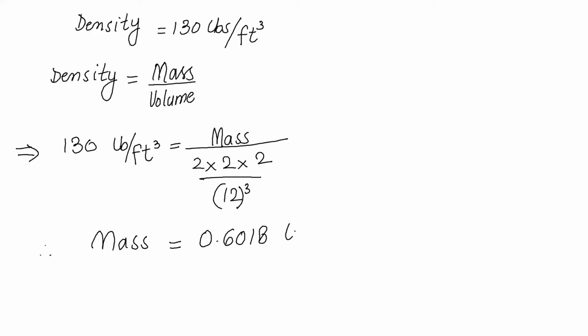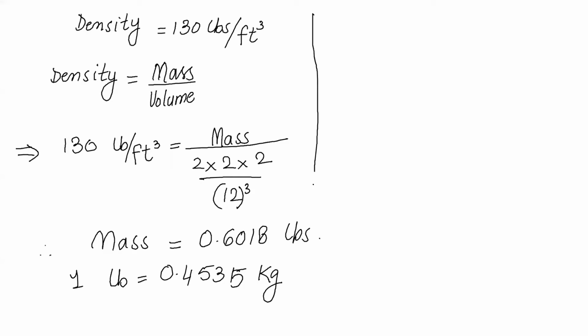0.6018 pounds. So what you have to do for this, 1 pound is equal to 0.4535 kg. So let me divide my whiteboard like this. The mass is 0.6018, so mass is equal to total mass 0.6018 multiplied by 0.4535.